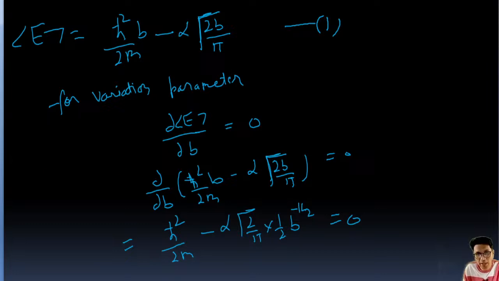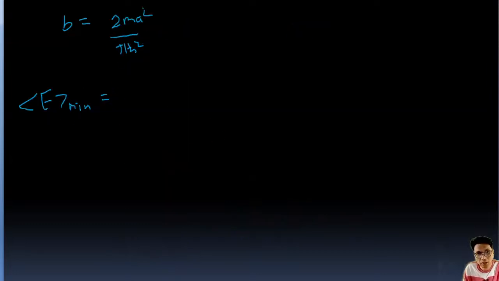The value of b we have already found. If you put the value, we are going to get minus m a square upon pi h cut square. So this is the answer.